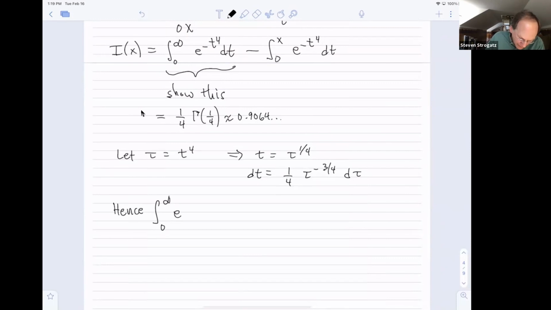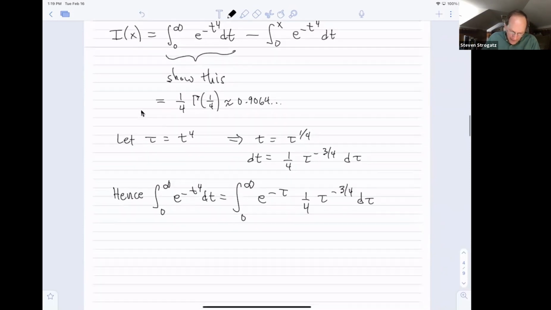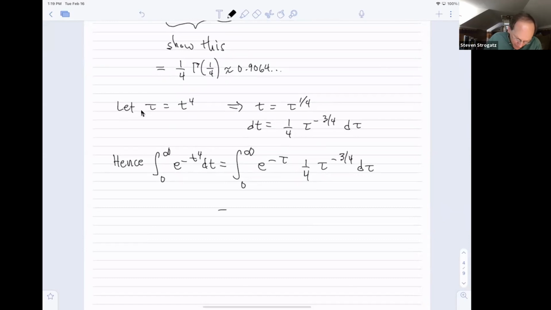So the integral from 0 to infinity of e to the minus t to the fourth dt becomes, well, the limits of integration are still 0 to infinity in terms of tau, but now it will be e to the minus tau times dt, which is 1/4 tau to the minus 3/4 d tau. And if you look back at the definition of the gamma function, this is just 1/4 gamma of 1/4.